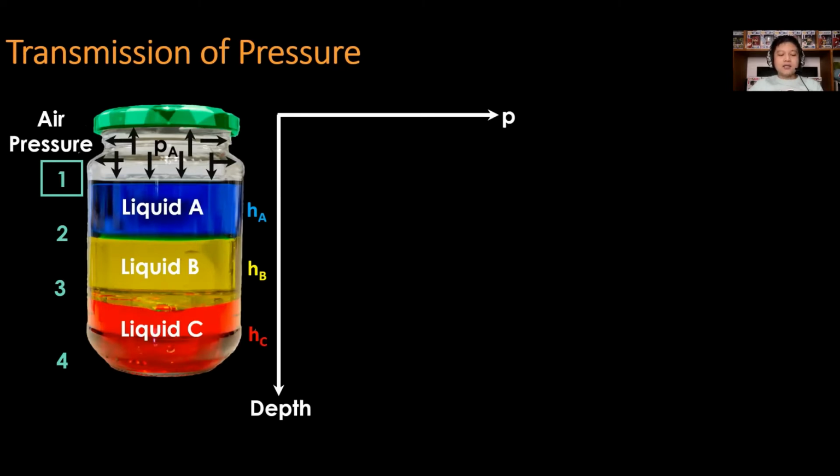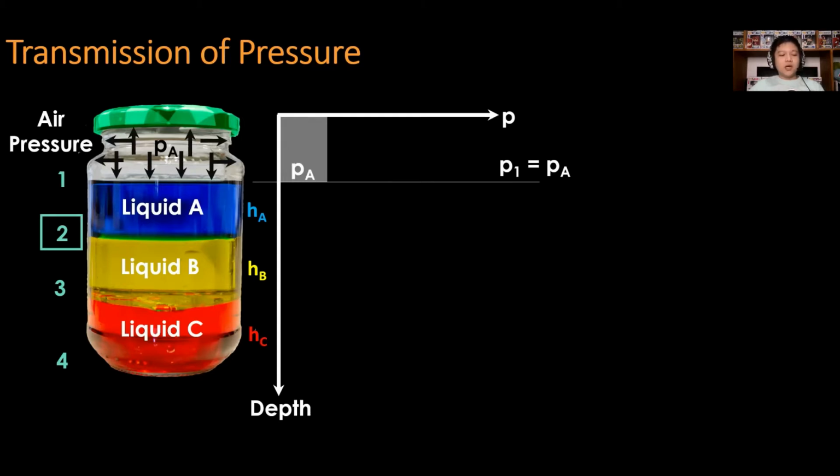Air exerts the same pressure on all surfaces it comes in contact with. In the pressure diagram, P sub A is uniform. Thus, the pressure at point 1 is the value of the air pressure or PA.